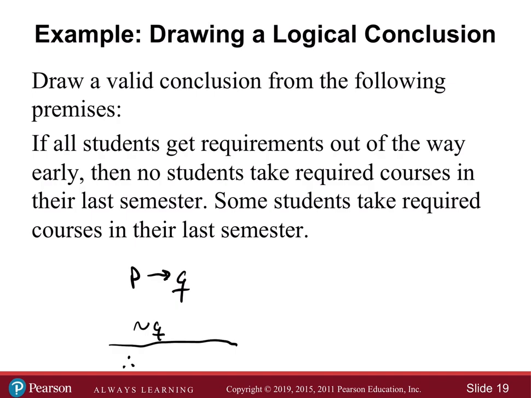The conclusion should be not P, which is the negation of all is some. Some students did not get their requirements out of the way early. All right, I think that's the conclusion. Looks like we're starting with P implies Q is true and not Q is true. So then therefore the conclusion should be not P.